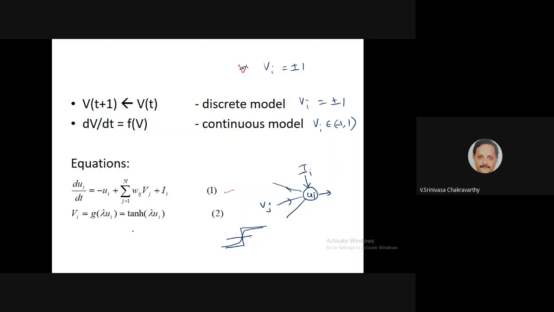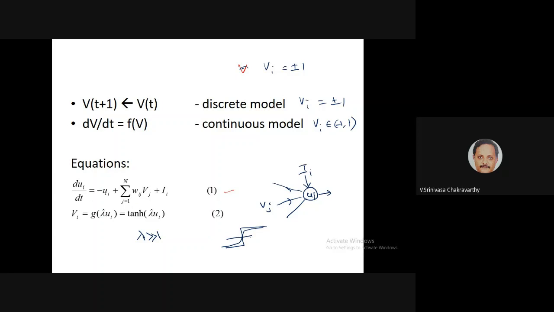Generally lambda is considered to be a large positive number, greater than 1, so that the tanh has a sharp transition at the origin and approximates the signum function.